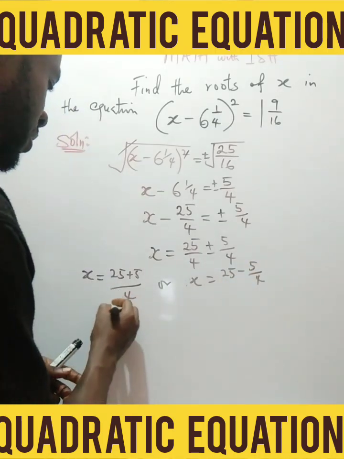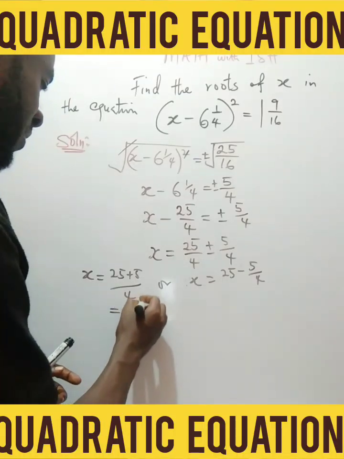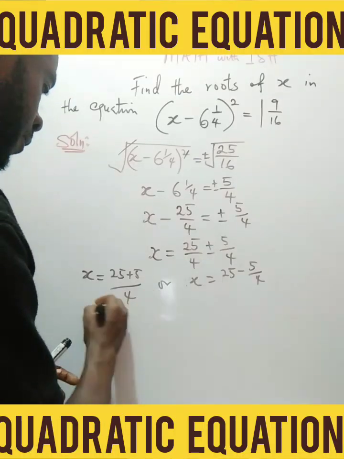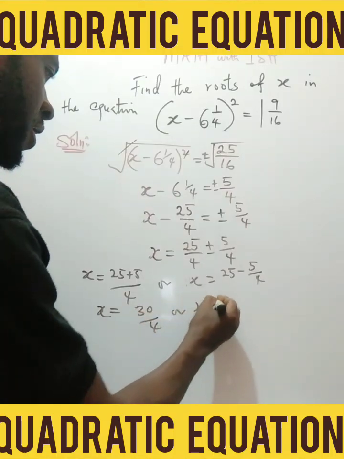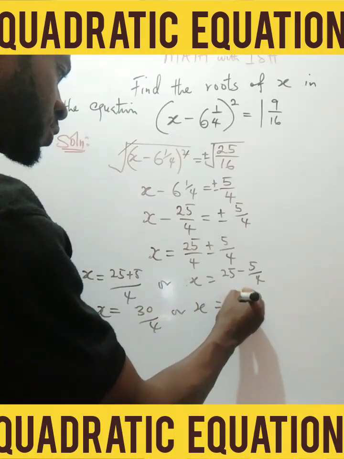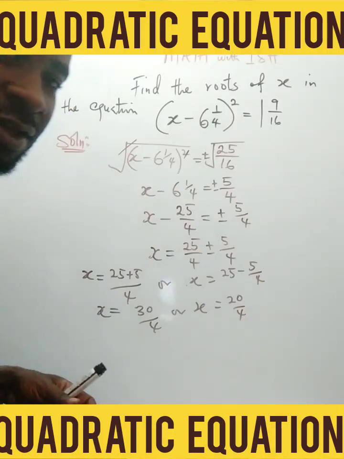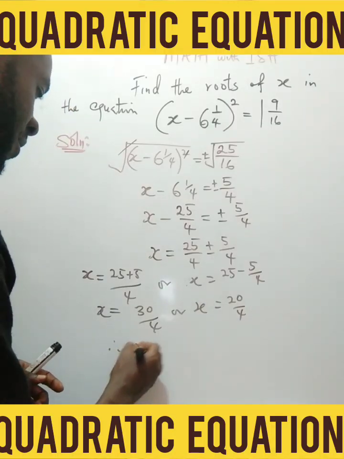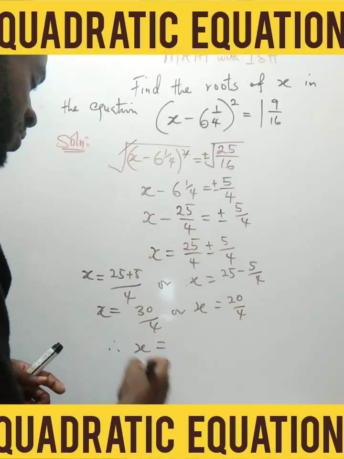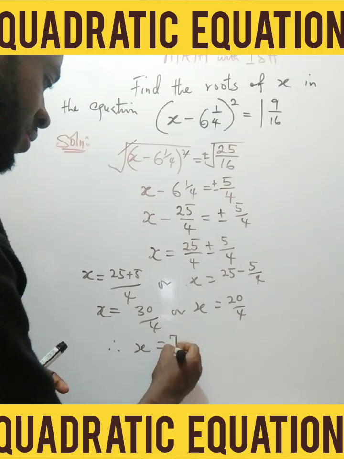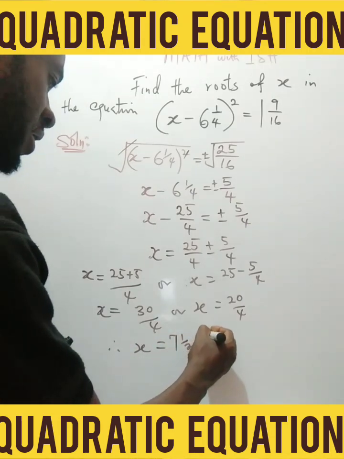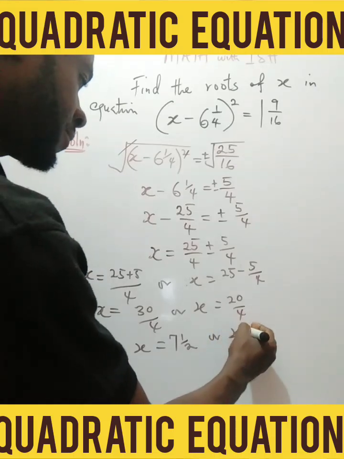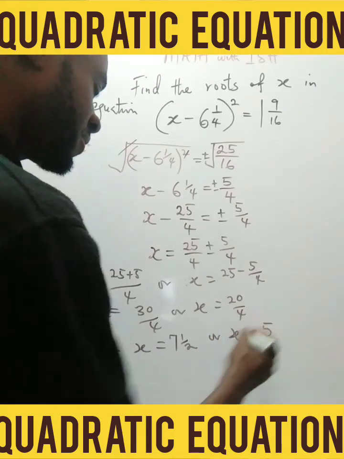And then when we work on this, this gives us 30 over 4. x equals 30 over 4, or x equals 20 over 4. And so finally, our value for x is 4 into 30, that will give us 7.5. And then 4 into 20, that gives us 5.